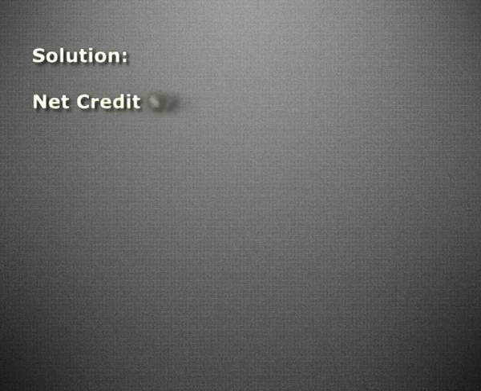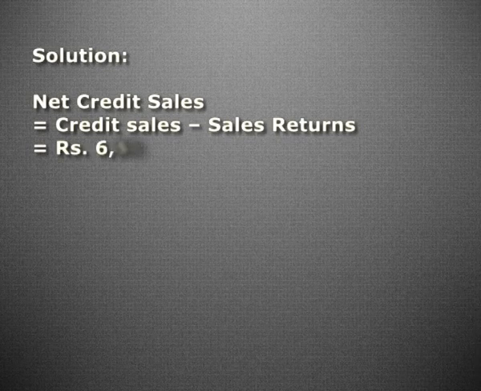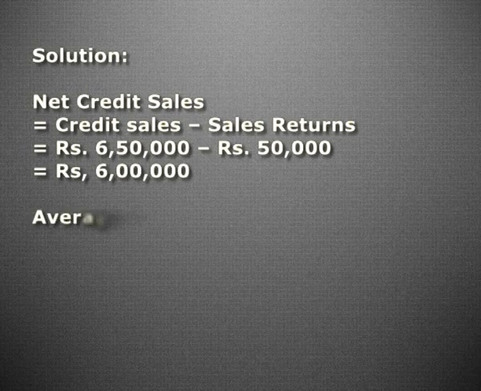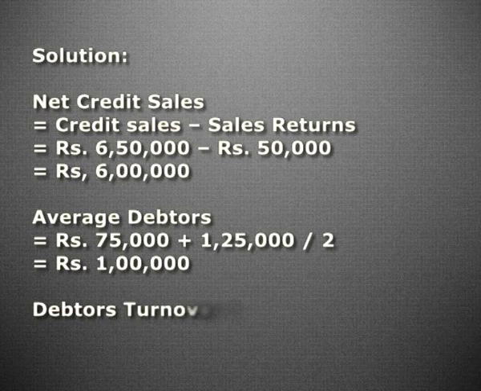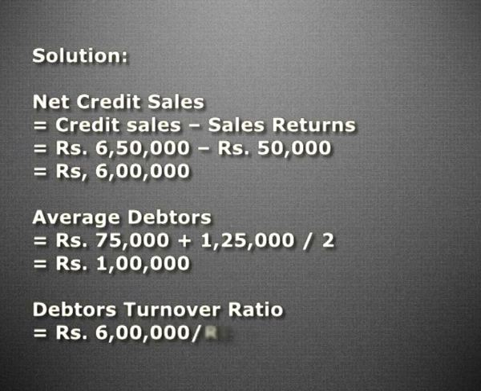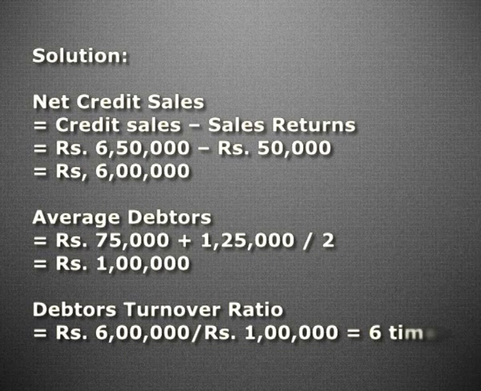Net credit sales is equal to credit sales minus sales returns, which is equal to rupees 6,50,000 minus rupees 50,000, which is equal to rupees 6 lakhs. Average debtors is equal to rupees 75,000 plus 1,25,000 divided by 2, which is equal to rupees 1 lakh. Debtors turnover ratio is equal to rupees 6 lakhs divided by rupees 1 lakh, which is equal to 6 times.